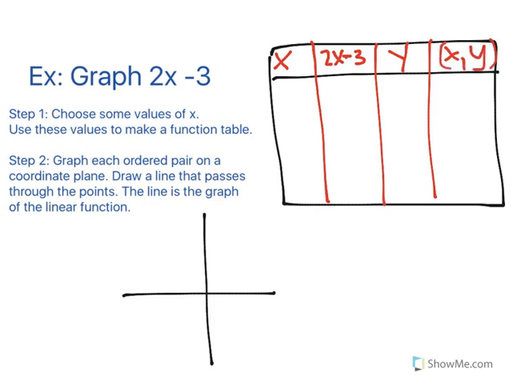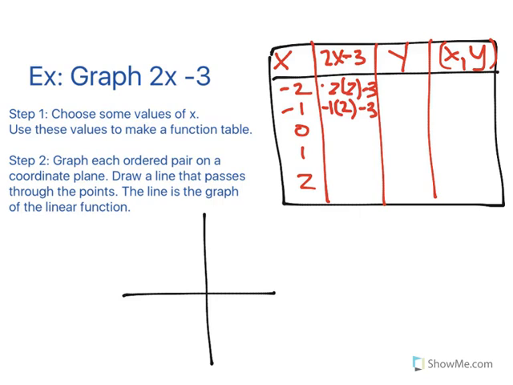Again, let's put in the same x values. Negative 2 times 2 minus 3. Sorry, it's getting a little messy here. Negative 1 times 2 minus 3.